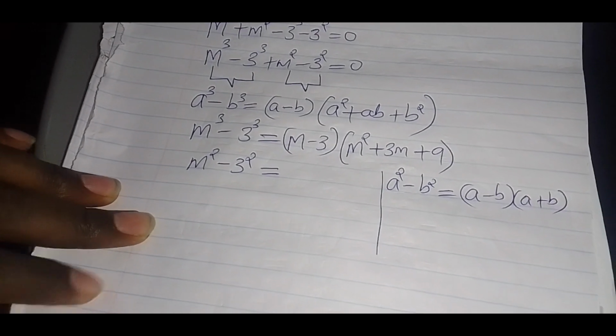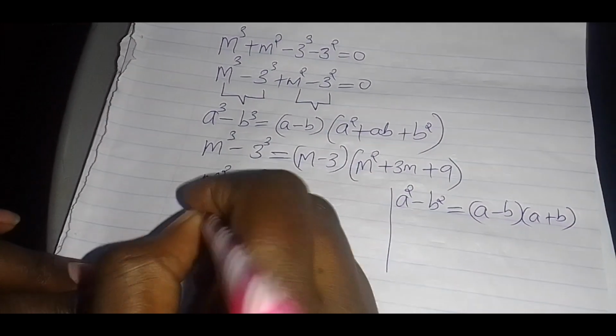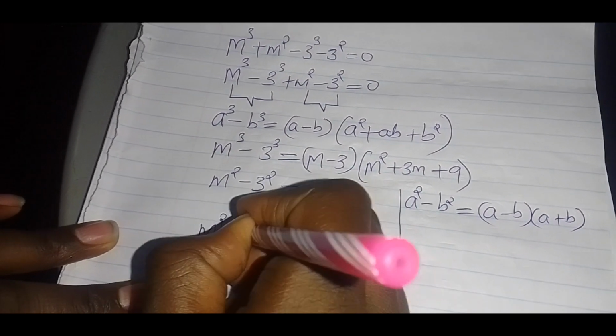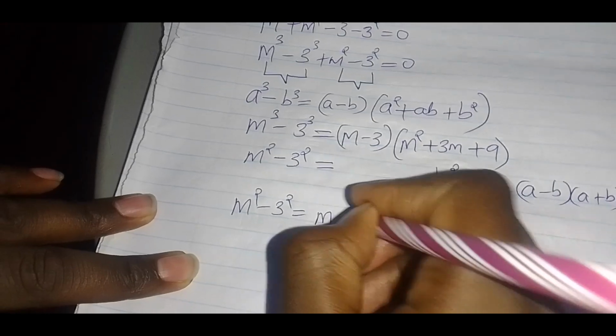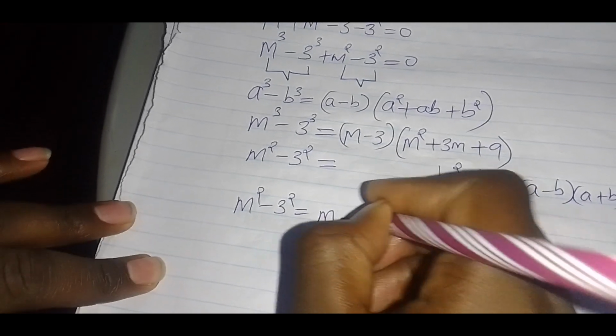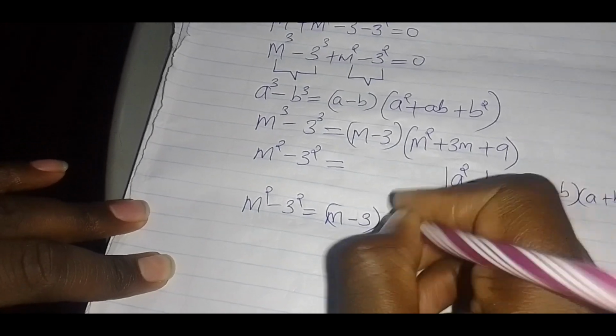So this is the difference of two squares. Now, if you go back to our equation, m squared minus 3 squared is expressed as m minus 3 multiplied by m plus 3.